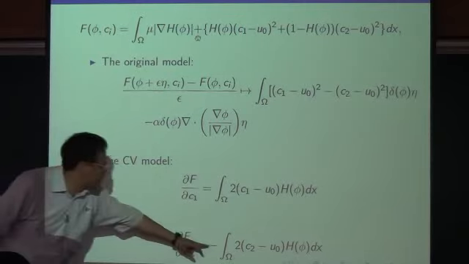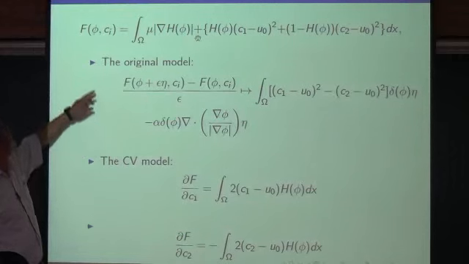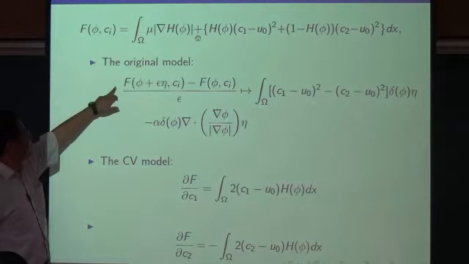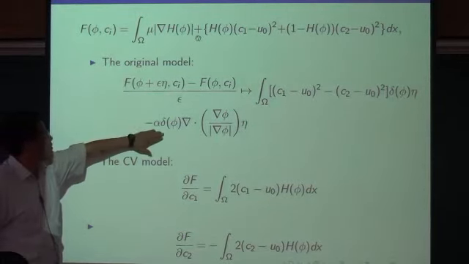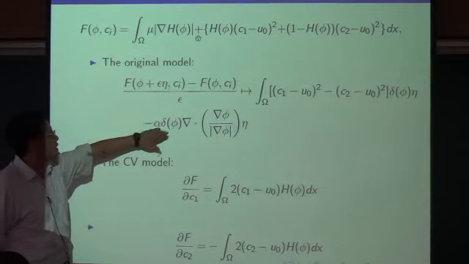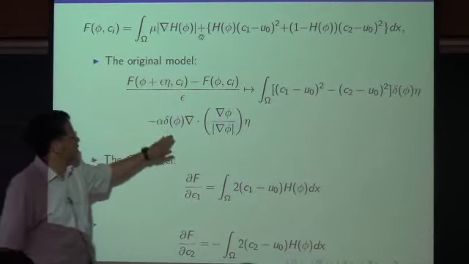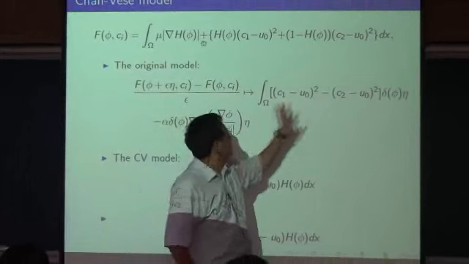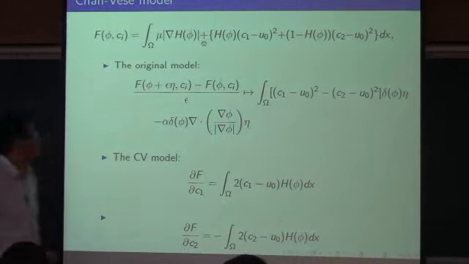I have corrected the typos. The variation with respect to phi is a little bit tricky, but you easily get the Euler-Lagrange equation. I have corrected the typo from the last lecture.